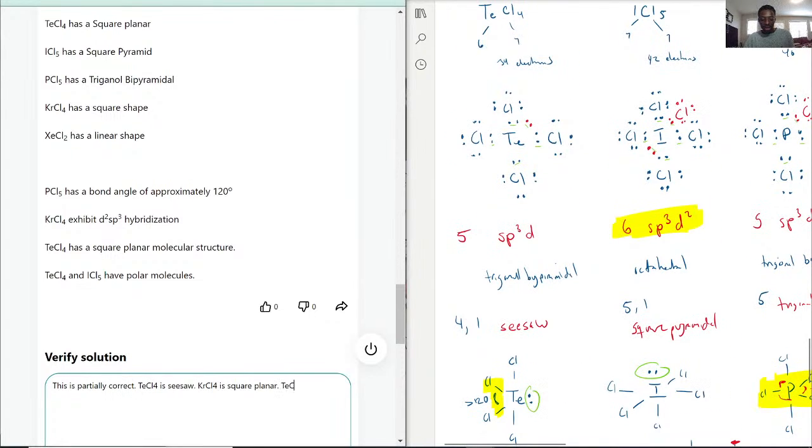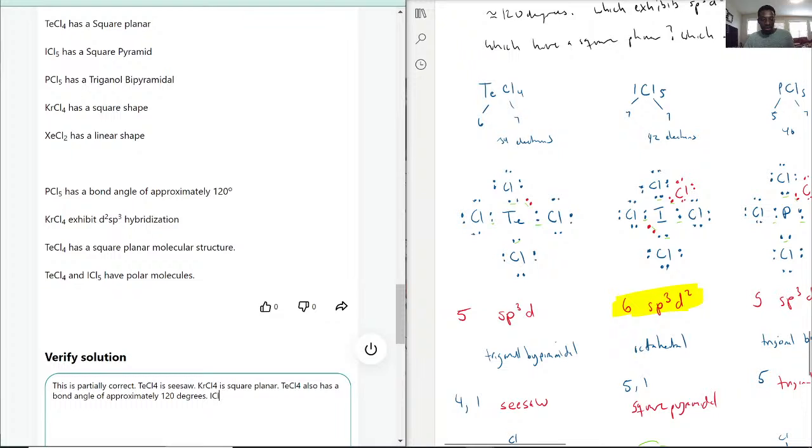TeCl4 also has a bond angle of approximately 120 degrees. What else did we put? Okay, ICl5 also has sp3d2 hybridization. Okay, I think that was everything.